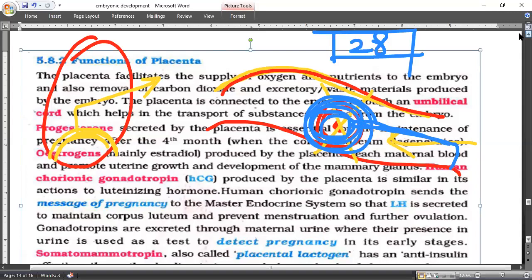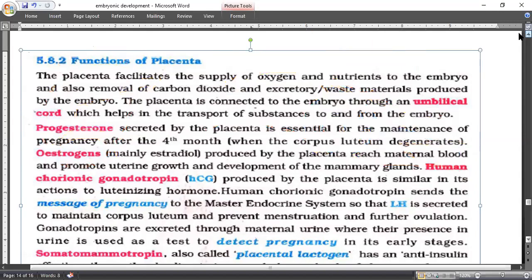But when fertilization occurs and the placenta is formed, the placenta is maintaining the corpus luteum also. Human chorionic gonadotropin sends the message of pregnancy to the master endocrine system, so that LH maintains the corpus luteum and prevents menstruation and further ovulation.